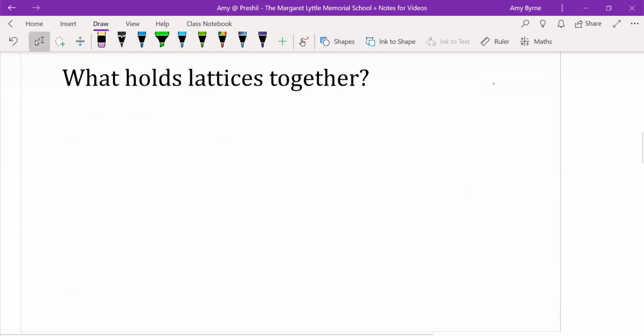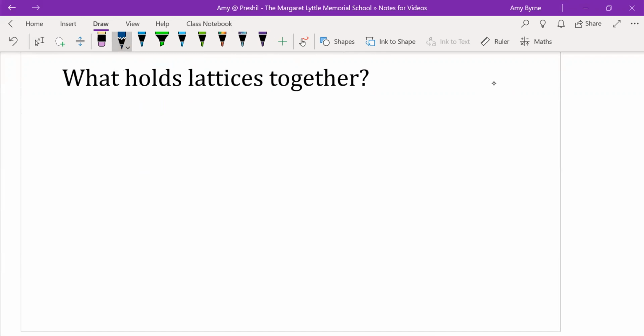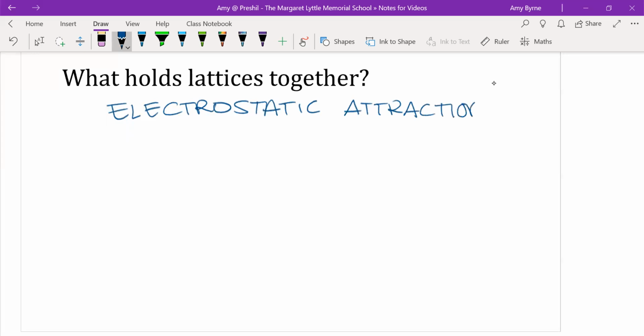So let's talk about what holds lattices together. So the really key term that I kept talking about in the 4.whatever videos is this idea of electrostatic attraction. So that is the attraction between two permanently charged particles.